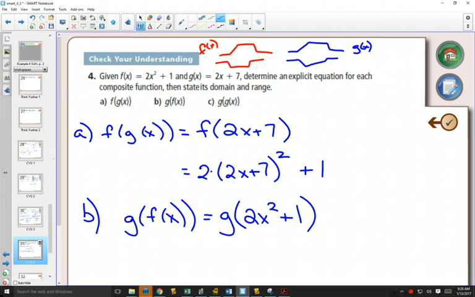And then 2x squared plus 1 has to go into the g function. If we would do that, what does g of x do? Whatever gets put into g of x gets multiplied by 2, and then you add 7. So if I put in 2x squared plus 1, I'm going to multiply it by 2 and add 7.